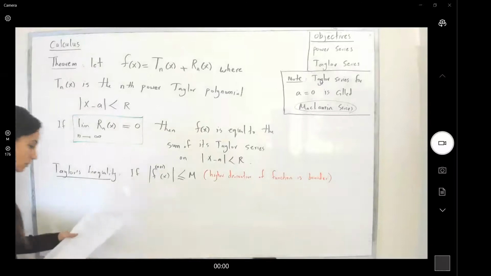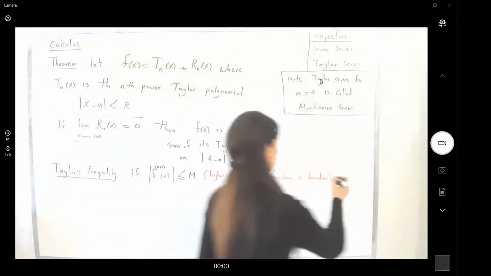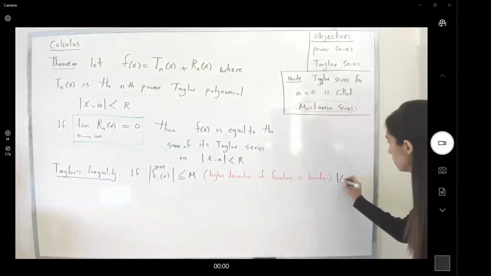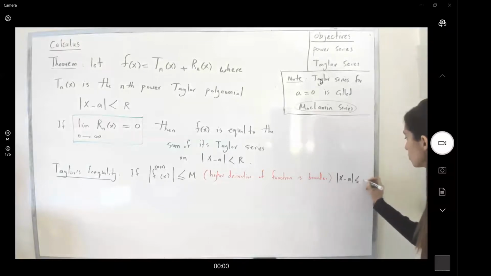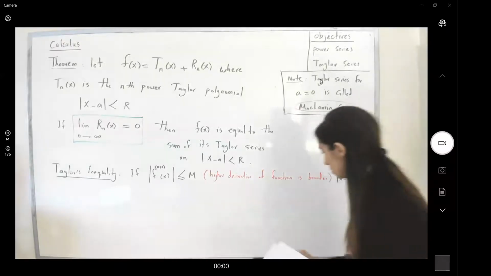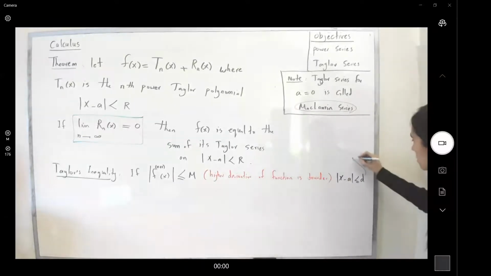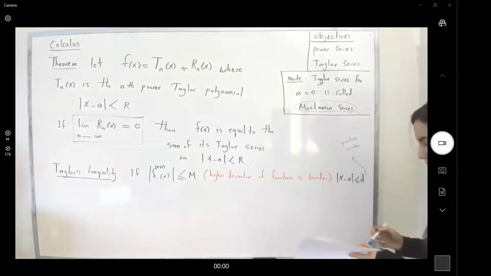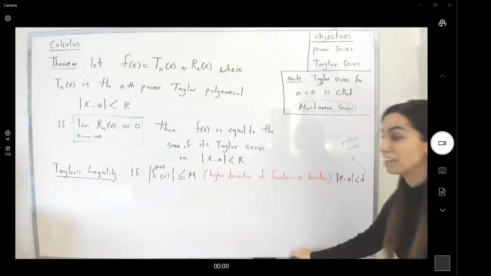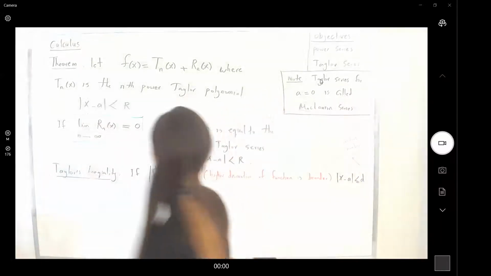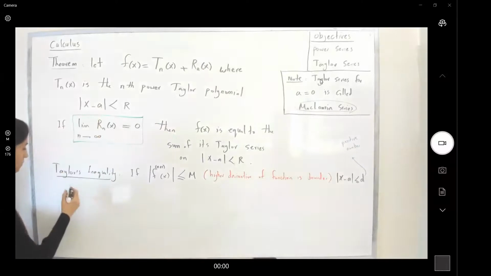then, for x minus a in absolute value less than or equal to d, so you have an interval of convergence and d is a positive number. These are the conditions that we have. Then we can find boundaries for our remainder.